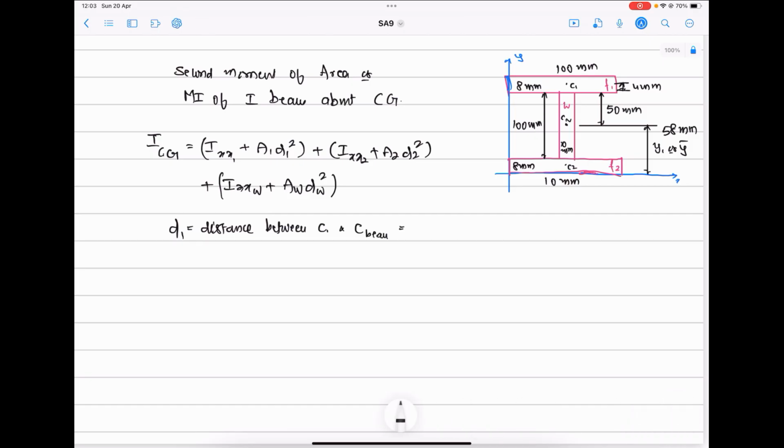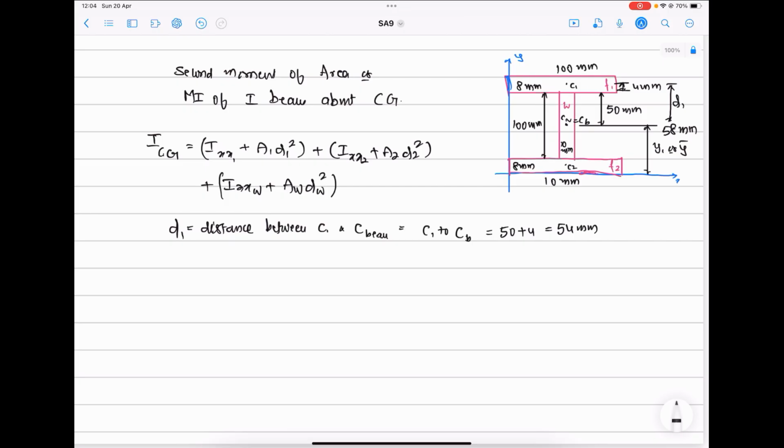Now this will be D1. C1 to C beam, this is CW, which is equal to C beam also, is equal to 50 plus 4, that is equal to 54 mm.